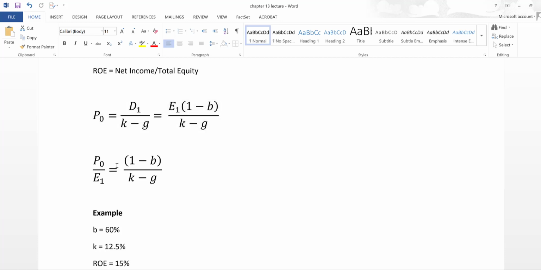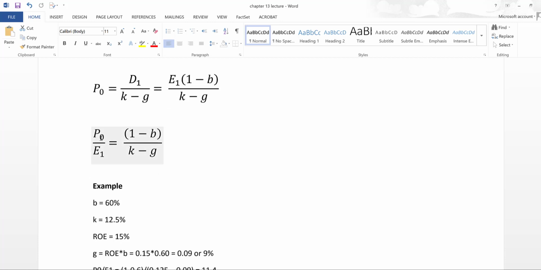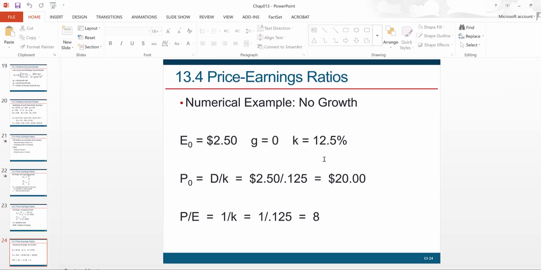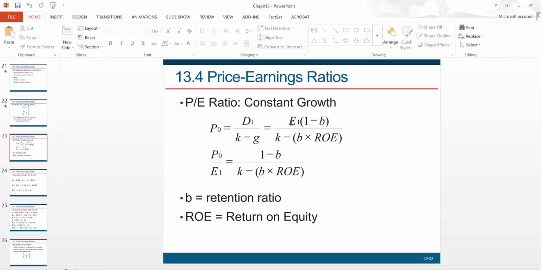Now all I need to do is divide both sides by E1, and I get my PE ratio on the left-hand side. In the case of constant growth, the PE ratio equals 1 minus B over K minus G. That is what I have here on the slides: the PE ratio written as 1 minus B over K minus G. And remember, G equals ROE times B, so I can also substitute G as ROE times B.